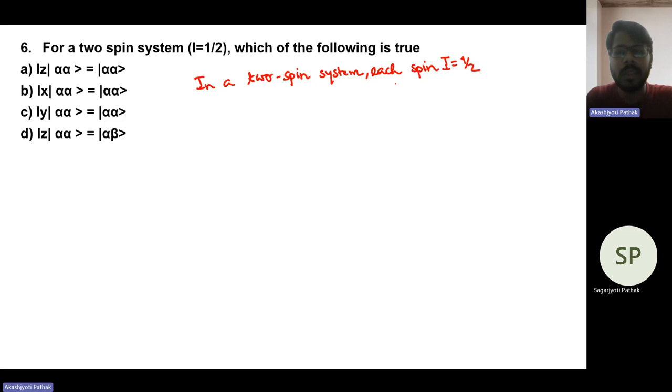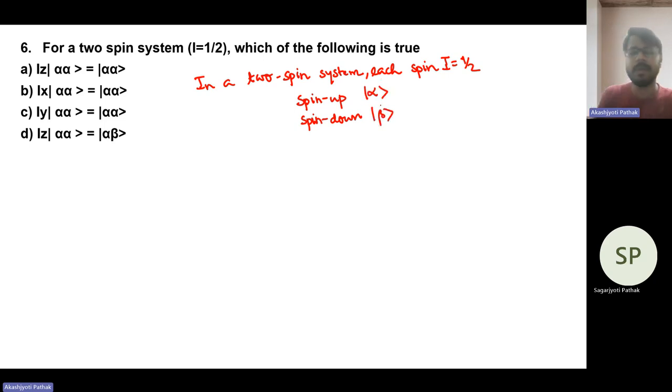The spins of this system can be represented in spin up and spin down states. Spin up is called the alpha state and the spin down is called the beta state.